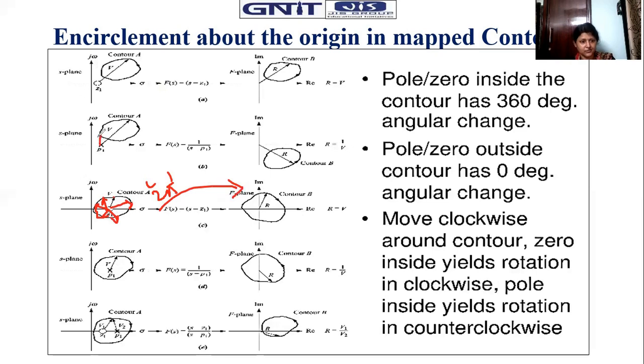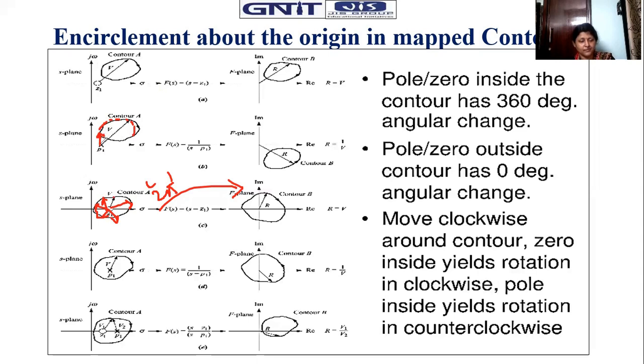Whenever a point, which may be a pole or a zero, lies outside the contour, the vector will ultimately end up back at its initial position.